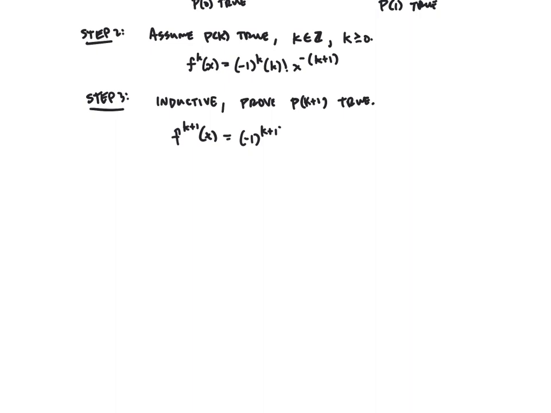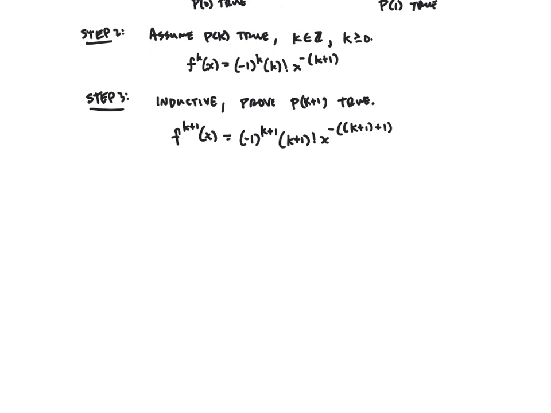Well, I hit some button. I don't know what I hit there. Okay, let me scratch that. There we go. Okay, negative 1 to the k plus 1 times k plus 1 factorial times x to the negative k plus 1 plus 1.